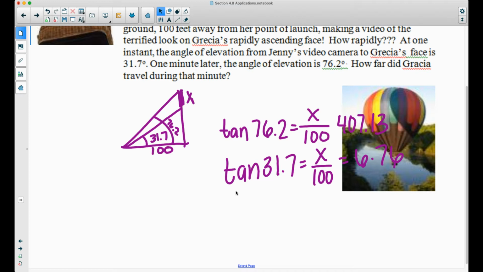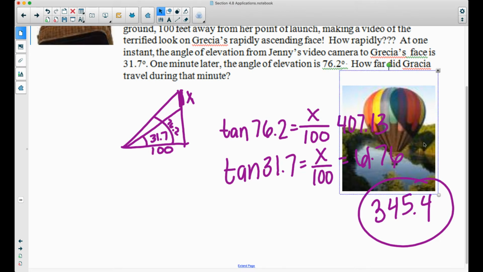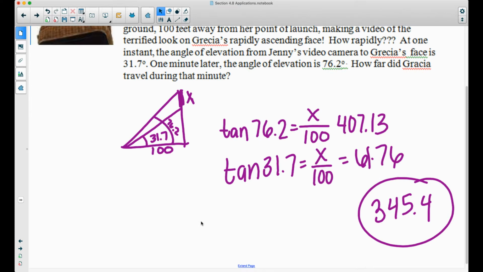Good. It didn't specify what they wanted, so somewhere around 345.4 or 345.45. Yeah, there we go. For some reason my mind flipped it. Okay, so the hardest part is setting up the triangle from there. Pretty straightforward. Any questions?